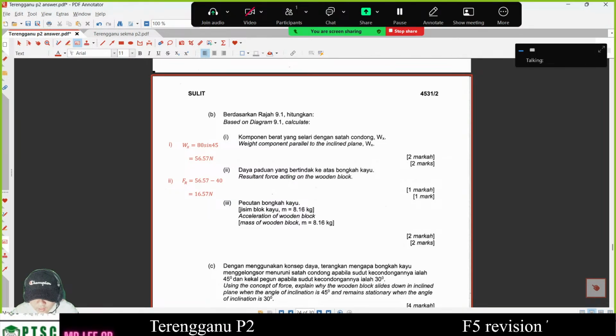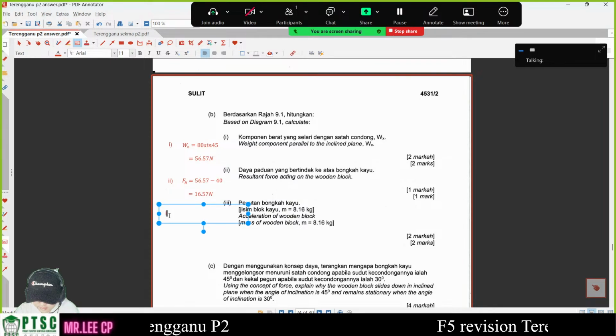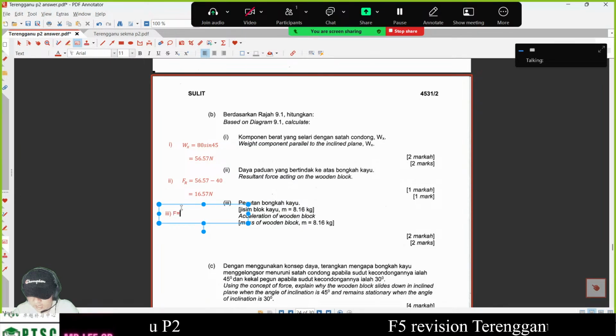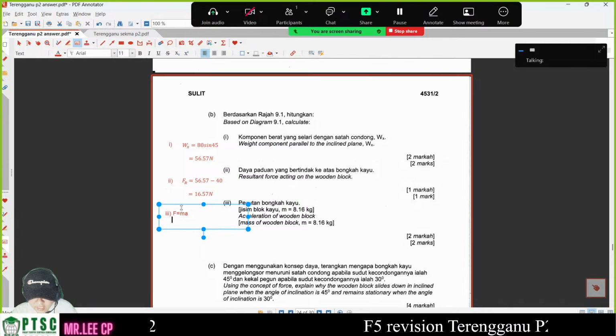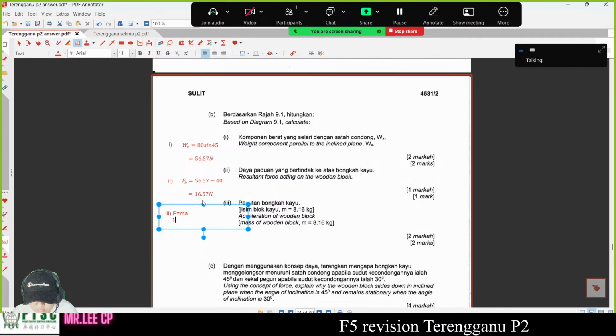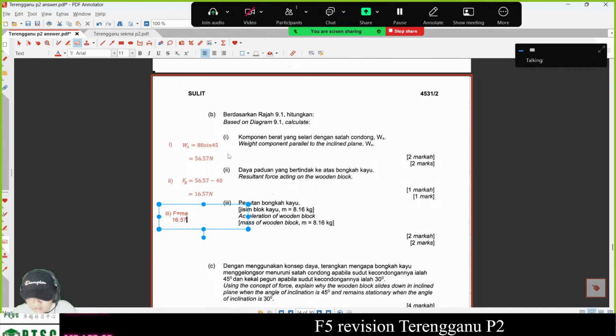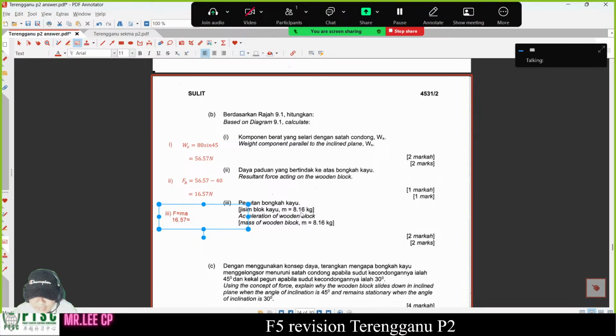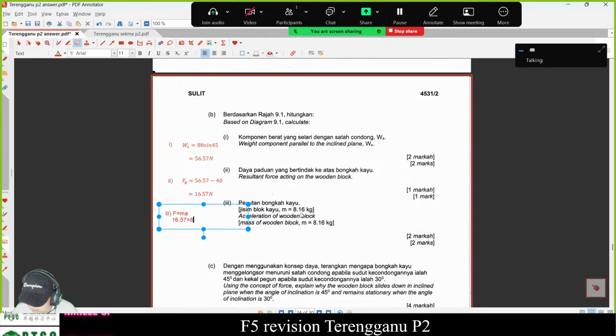Now calculate the acceleration. Number 3, acceleration. So acceleration, how to do? F is equal to ma. F is equal to ma. The resultant force is 16.57. Alright, 16.57 is equal to ma. M is 0.16.